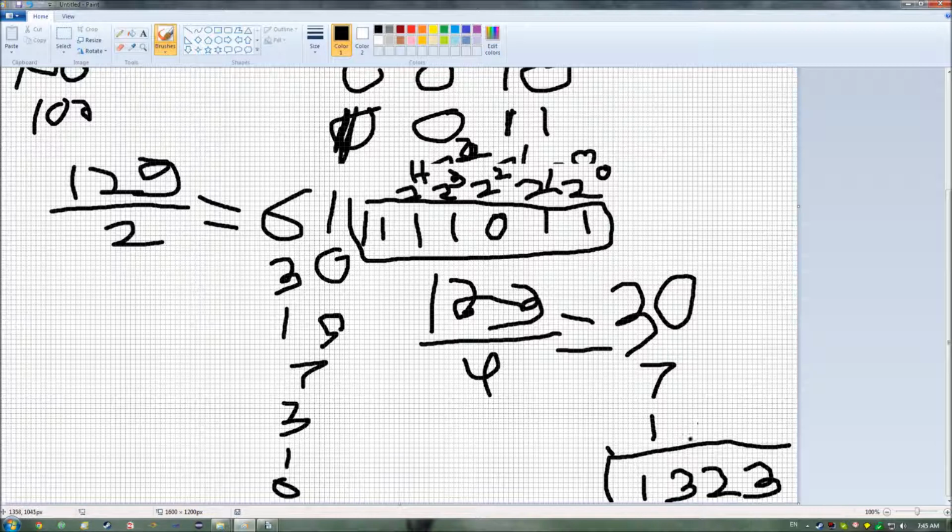Once again, if we're doing base 4, it just says, okay, here's 4 to the 0, 4 to the 1, 4 to the 2, and basically all you do is multiply this number down here by this number here, and then sum all of these up, and you wind up with the number in base 10. So I'd like you to experiment around some with converting between different bases like this, just so you can get a feel for it.